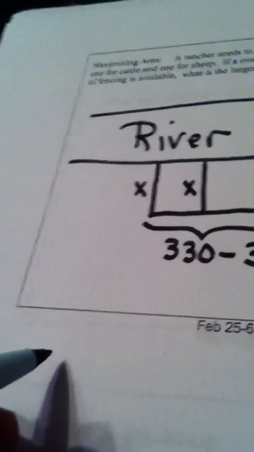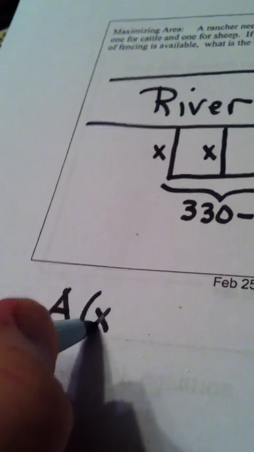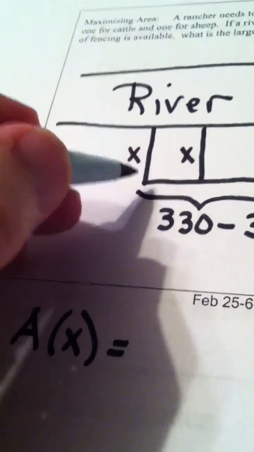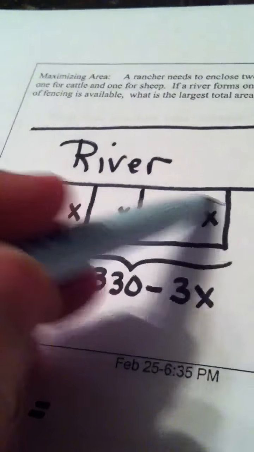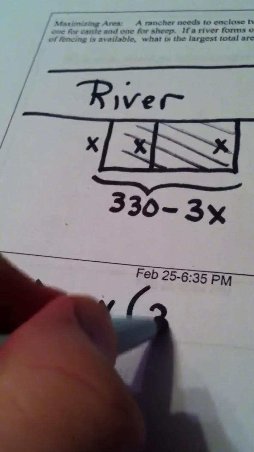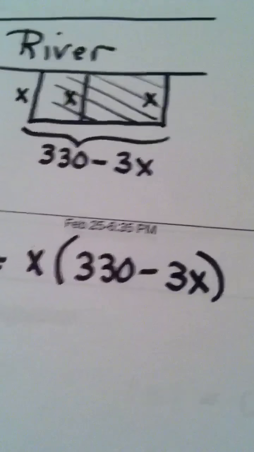Now, we need to create the area function, so we'll call it A of x because the area depends on x. And you know how to find area. The area of the enclosed pens would be length times width. So x times 330 minus 3x.